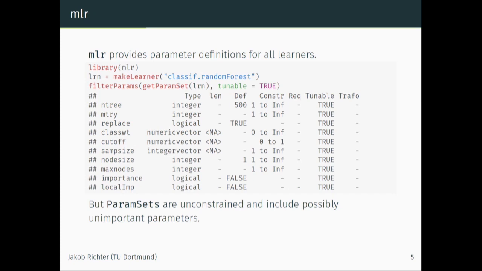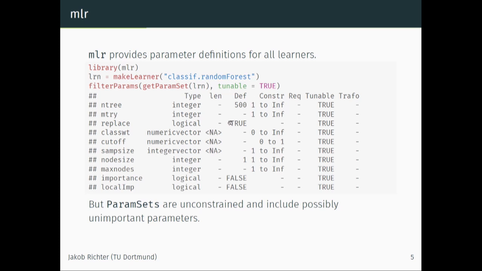If you look at mlr, and let's say I want to do parameter tuning for the random forest, I can look into the parameter set by calling getParamSet. Here I subsetted it to just the tunable parameters because otherwise it would have been really lengthy. The nice thing in mlr is that all the parameters that are present are also represented in this structure.